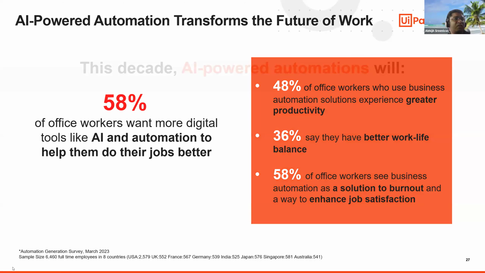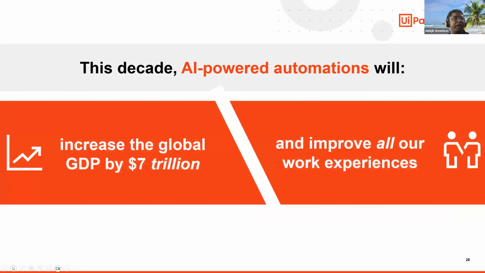Why I'm saying this is to show the significance of it. This is the decade of AI-powered automation, which is going to increase the global GDP by 7 trillion. So we are talking about automation changing the entire way the industry operates and how each country will progress further.